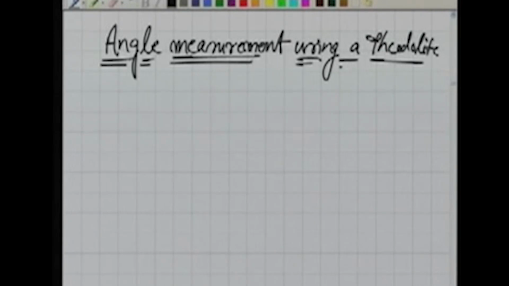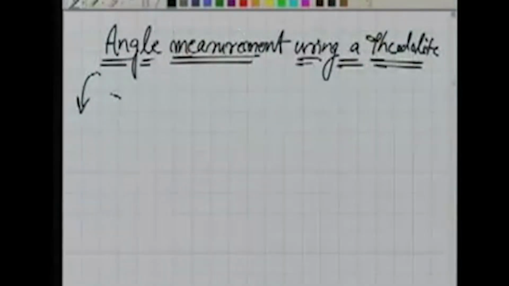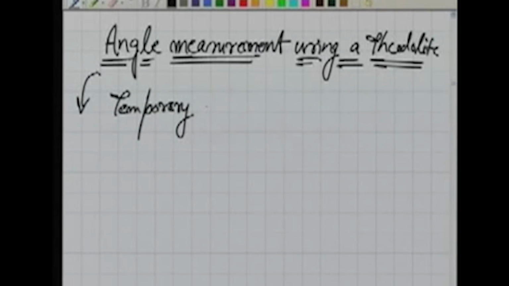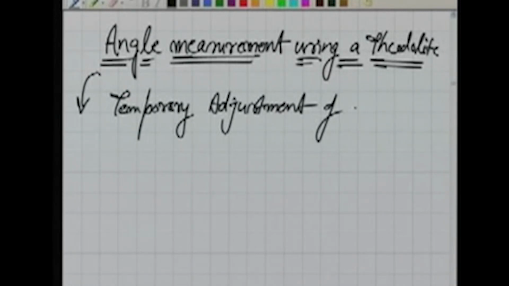It looks very simple, but there are so many steps involved, and they will control the accuracy of the angle that we measure. These steps we generally write as temporary adjustments of a theodolite.